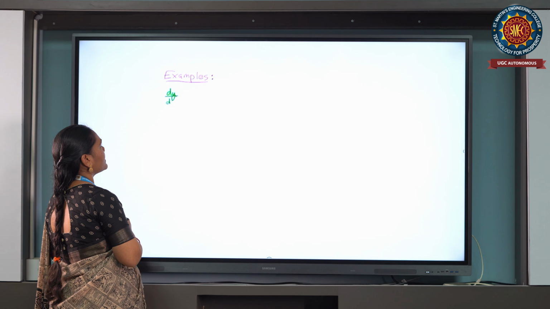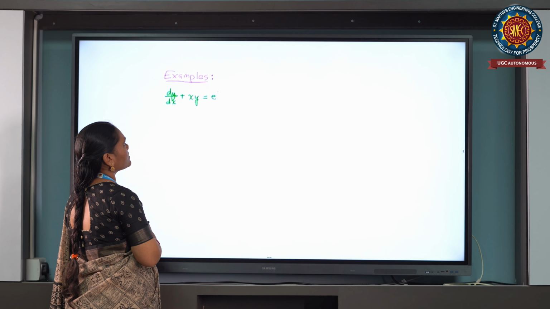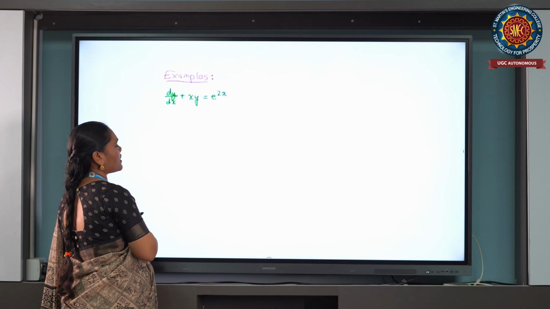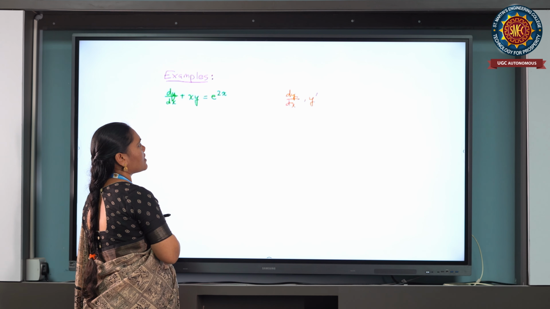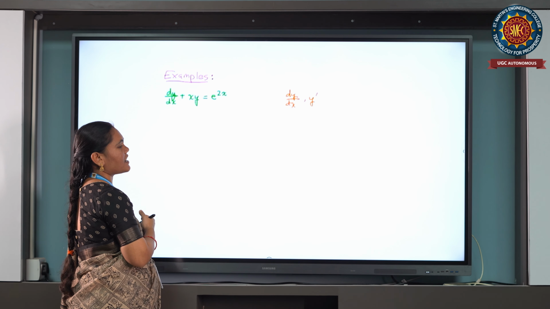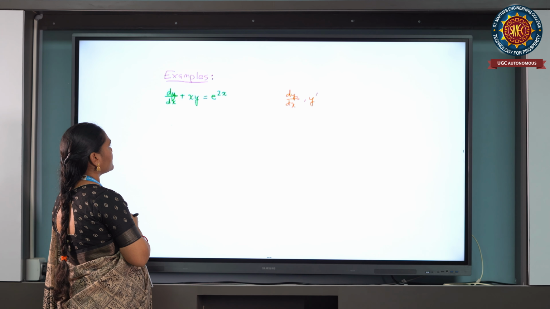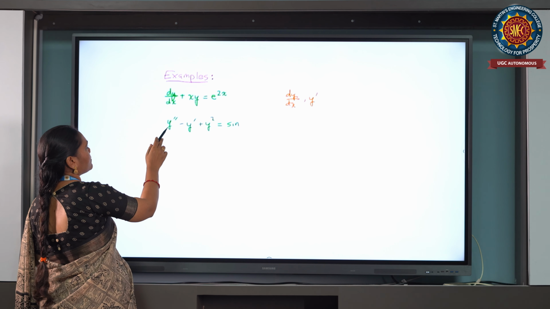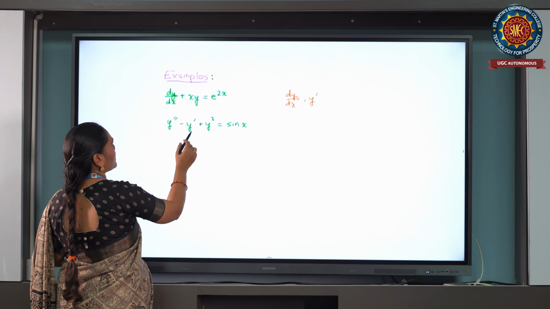dy/dx + y = e^(2x). This is one example of a differential equation. Here dy/dx can also be represented as y dash. Also d²y/dx² can be represented as y double dash, so y'' - y' + y² = sin x.